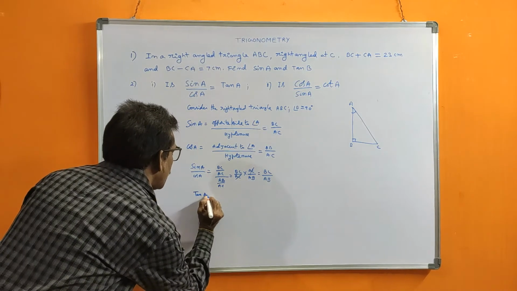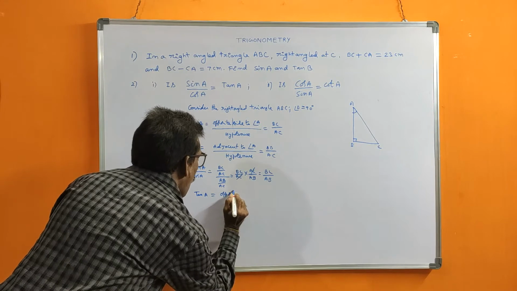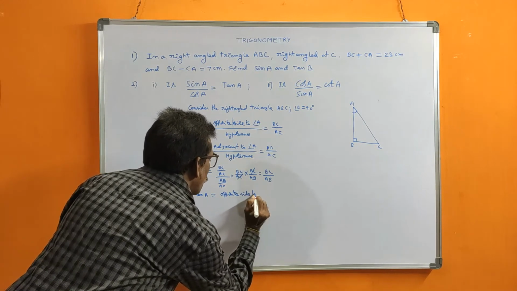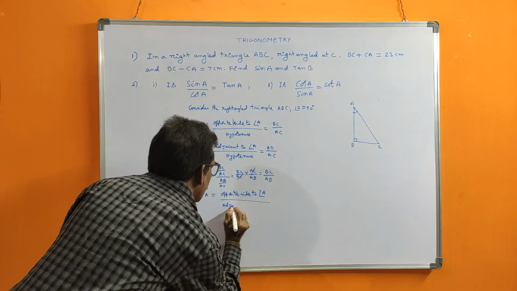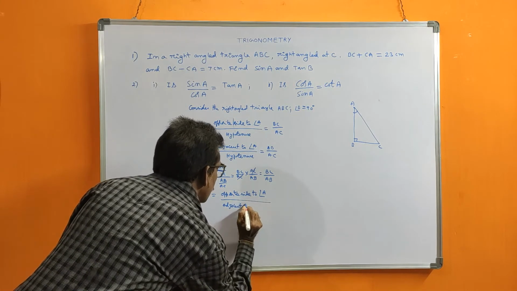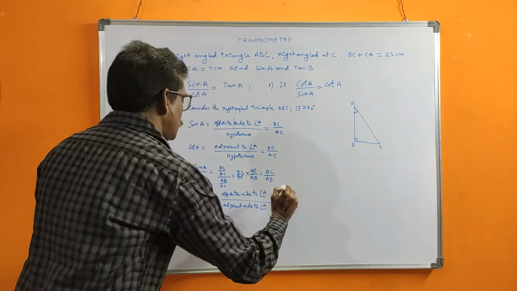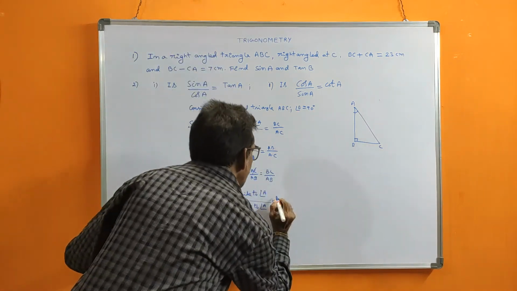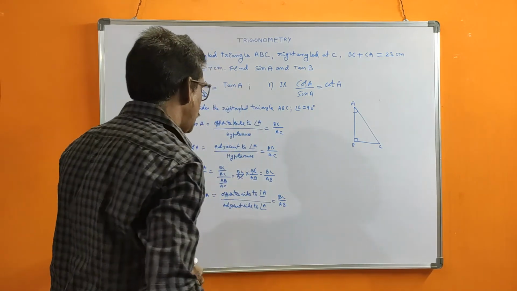Tan A formula is what? Opposite side by adjacent side. So opposite side to angle A by adjacent side to angle A. For angle A, opposite is BC and adjacent side is AB.